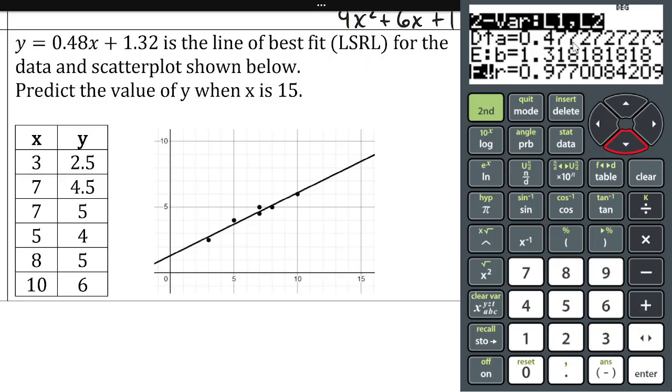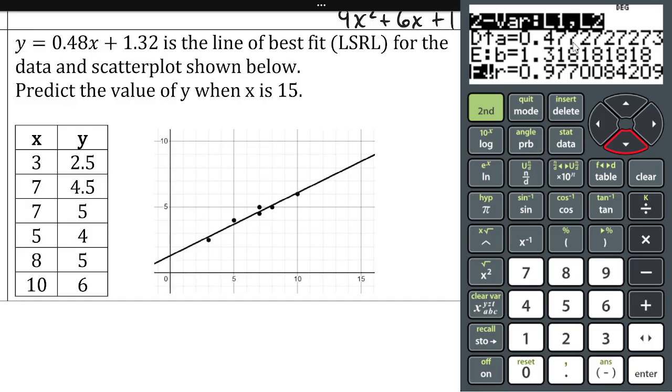And then right below that, it says B equals, which is nice because that's the variable we use for y-intercept, 1.318. If I round that, I get 1.32. So I'm looking at both the slope and the y-intercept from my calculator.